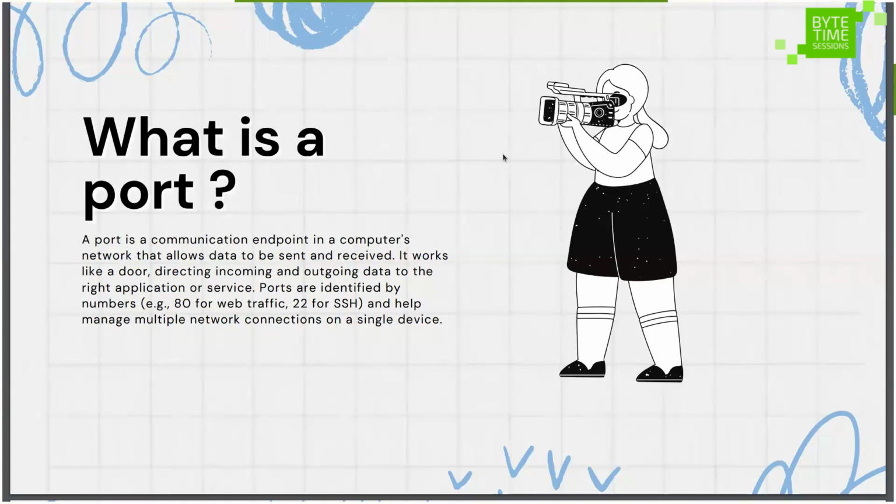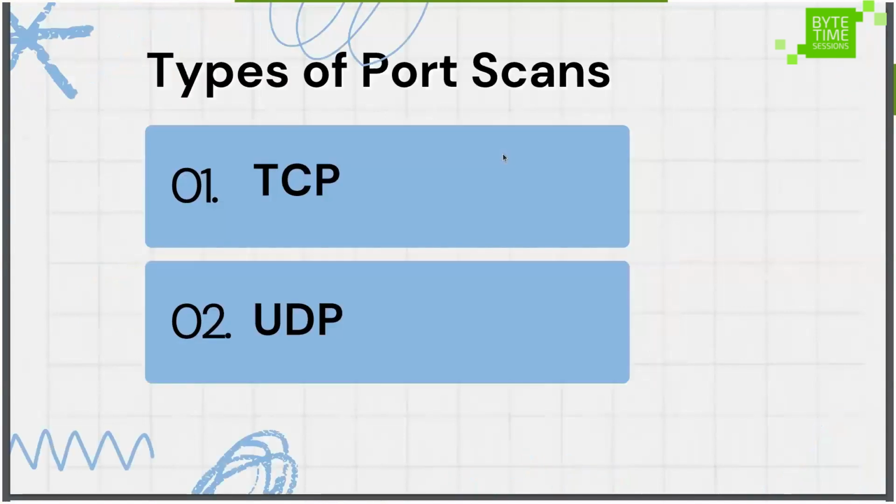So you can see that port numbers, or ports, are very useful to us ethical hackers because that is how we are able to interact with the applications that we want to hack or test. So let's look at the different types of port scans.